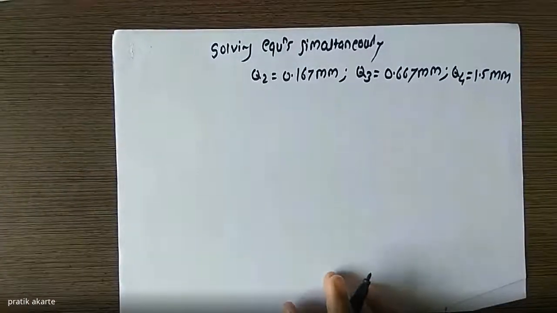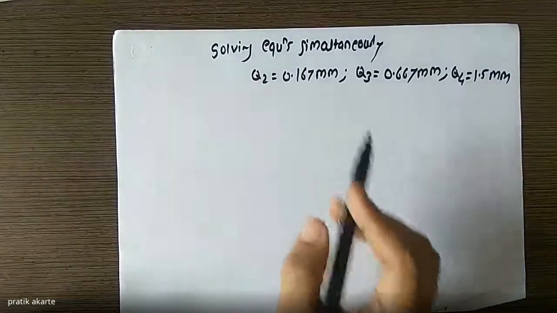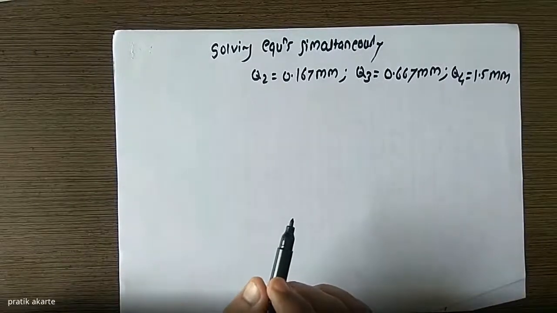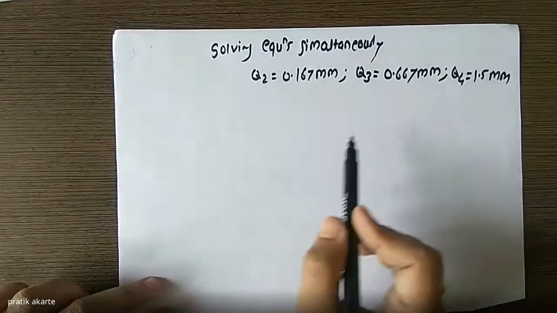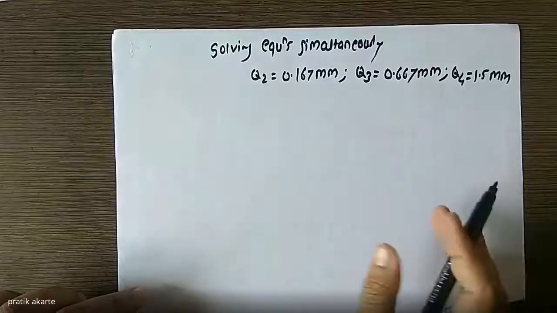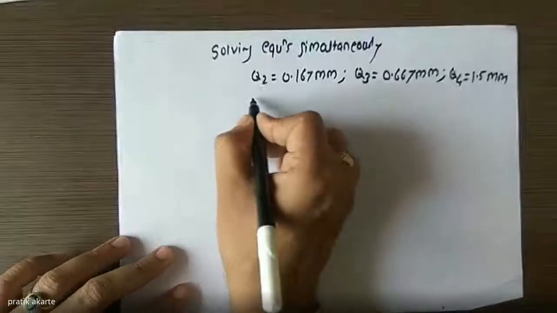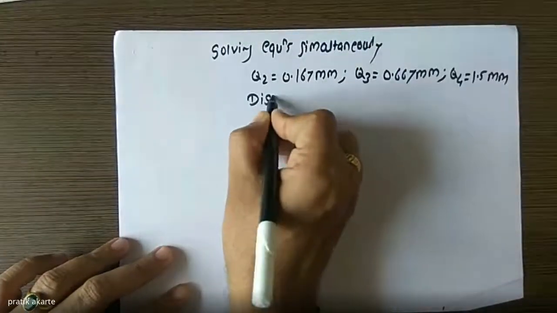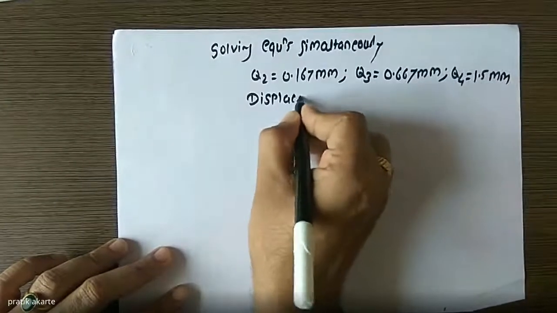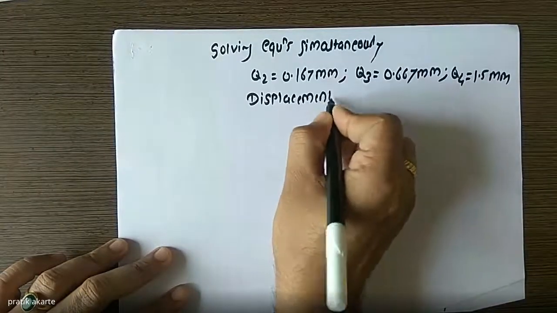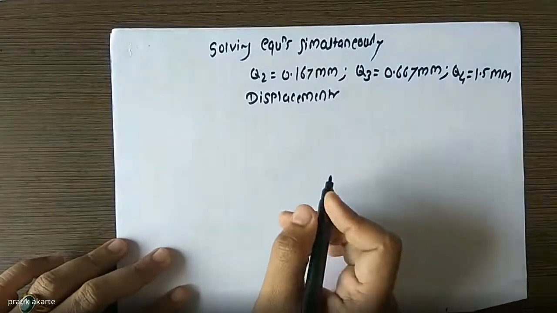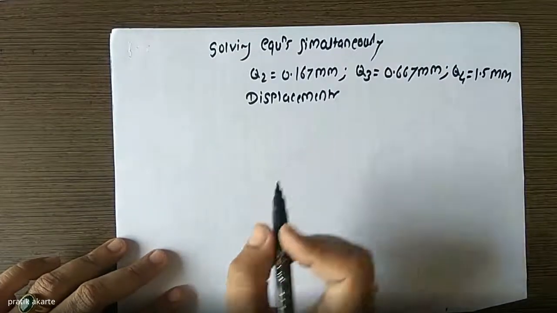You can check these values, which I got from solving the equations simultaneously. So this is the first answer. These are the displacements.